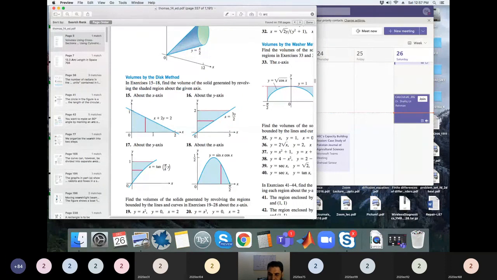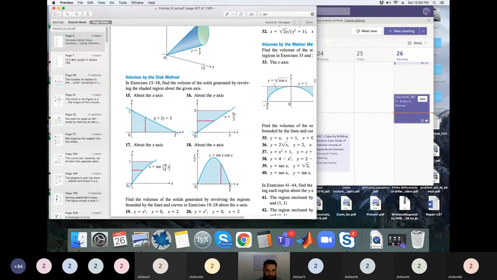About the x-axis means you have to describe y as a function of x. So get y as a function of x, it will be 2 minus x divided by 2. So your expression would be like this one. This is going to be the radius. Now what is the radius? It's basically the portion of the curve, and in this case it is a special case, like a straight line.